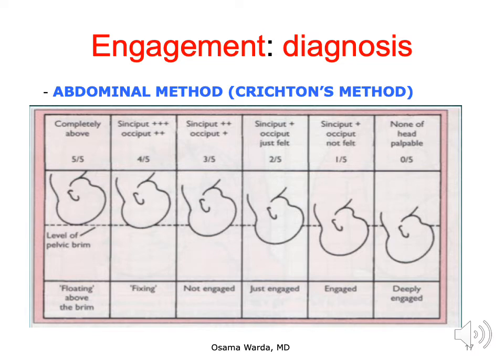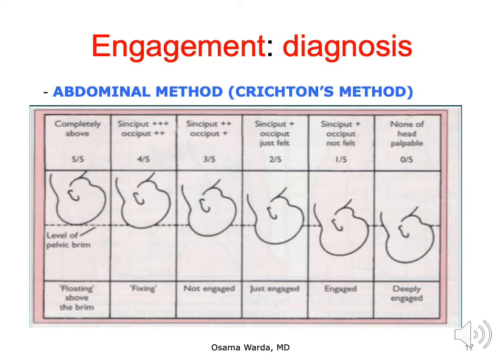If only 2/5 can be felt abdominally, it is engaging, just engaged. If only 1/5 is felt abdominally, it is an engaged head. If nothing of the fetal head can be felt abdominally, it is deeply engaged. And this is the abdominal or Crichton method.